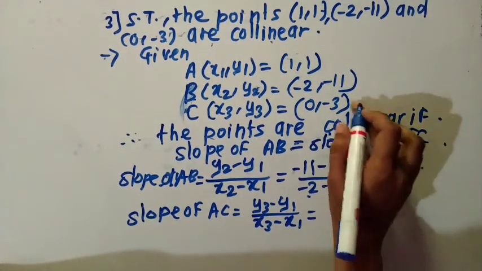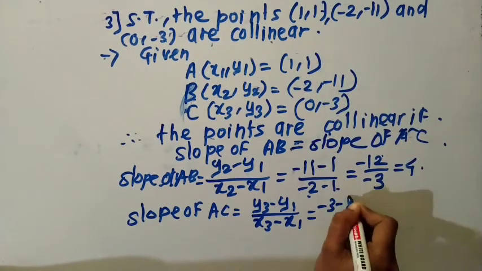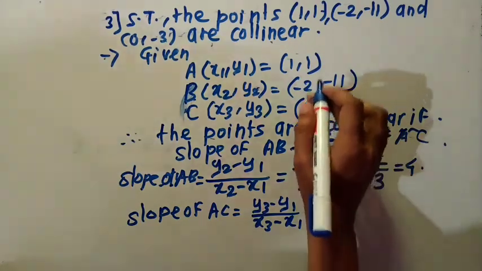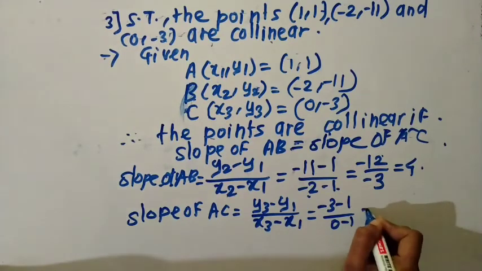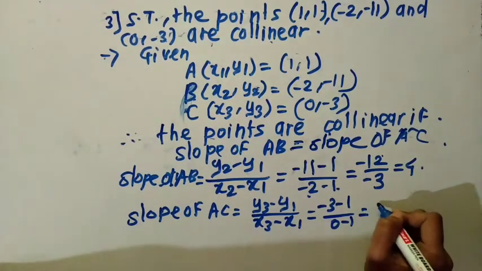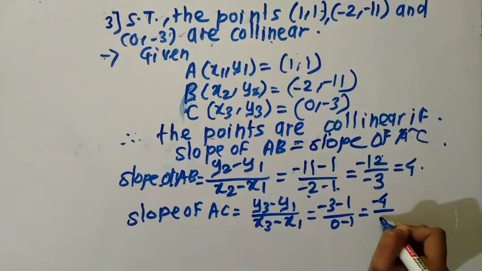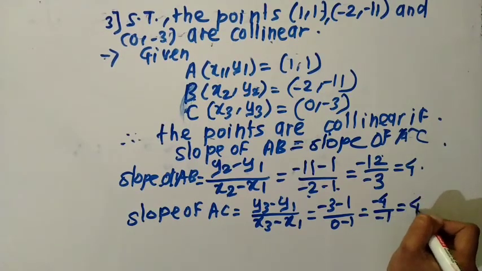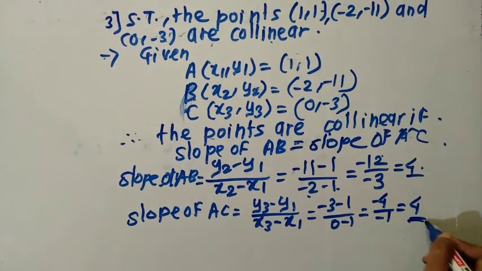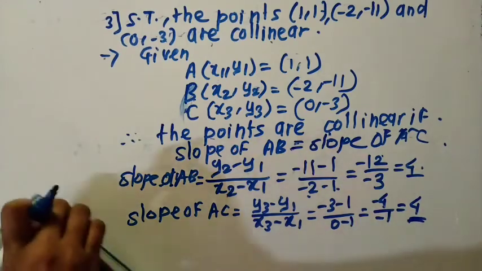So we get -3 minus 1 upon 0 minus 1 is equal to -4 upon -1 is equal to 4, and these are the same, hence these points are collinear.